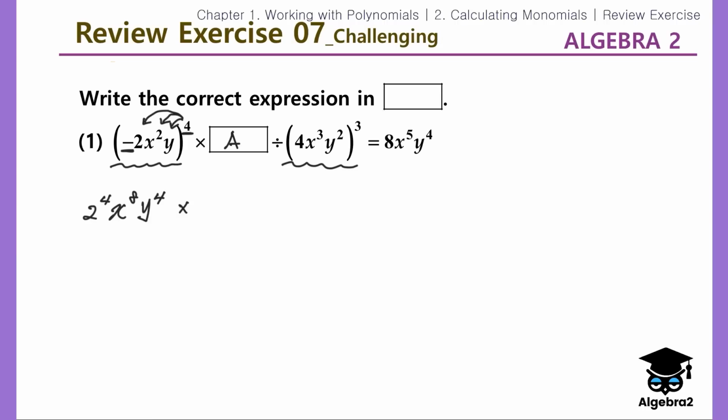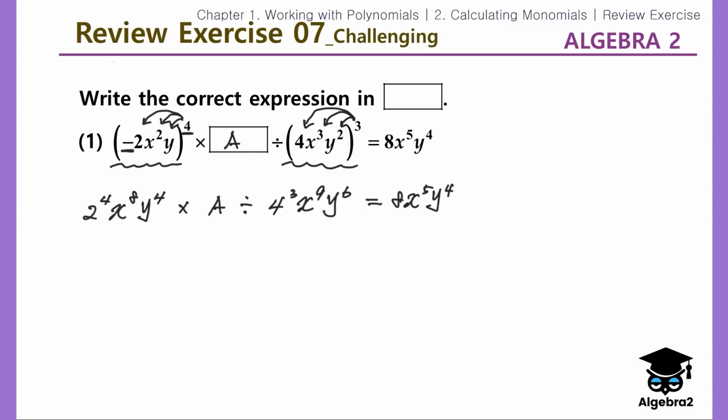And we have times a divided by 4 cubed, right? 4 cubed, x to the 3 times 3, that's 9, x to the 9. And y to the 2 times 3, that's y to the 6. So that is equal to 8x to the 5, y to the 4.